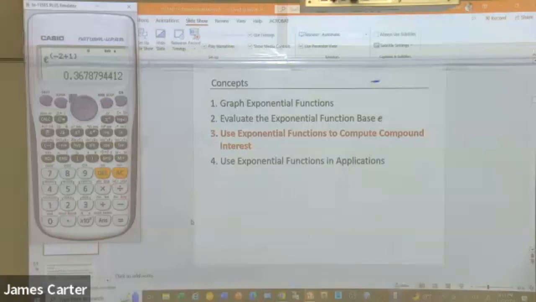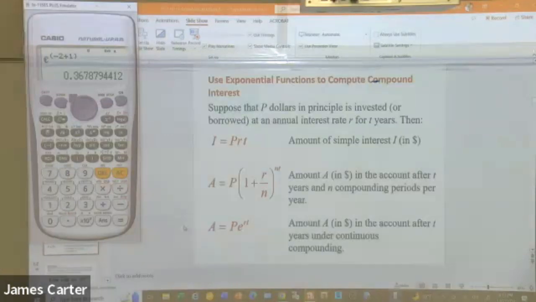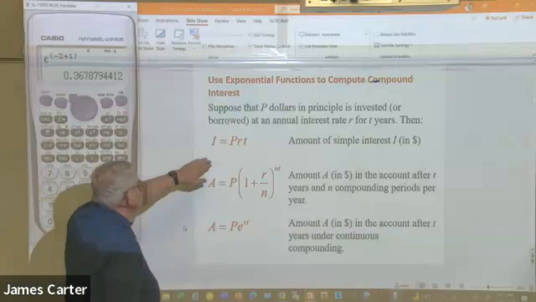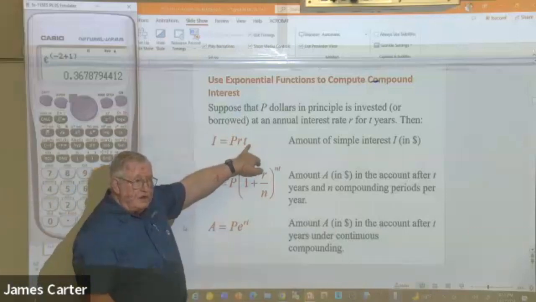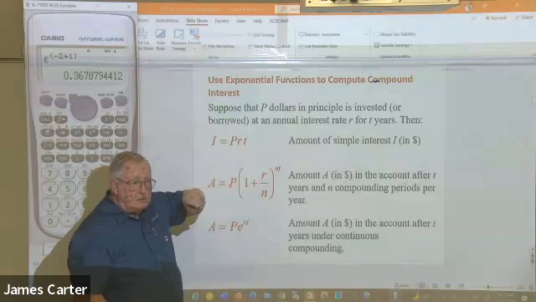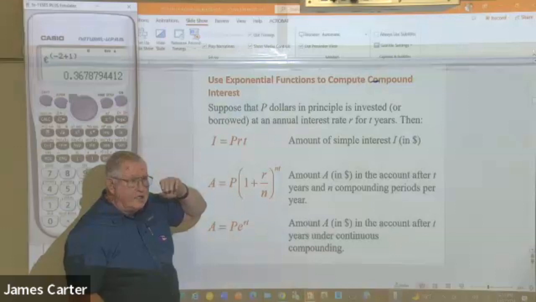Okay, now interest. And I do have to get this covered tonight. Okay. There are three formulas for interest. You are expected to know all three by memory. Now, this is simple interest, typically based on time of 1 year. Time is automatically 1 year unless they tell you something different.